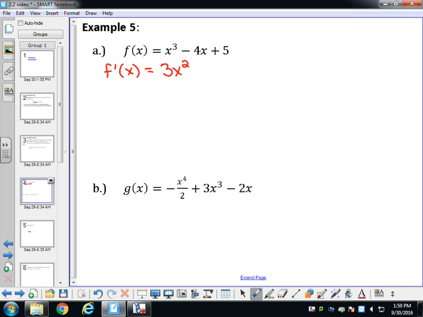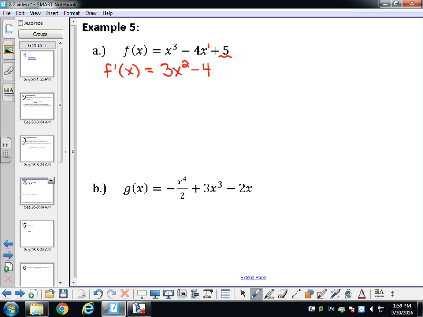If I look at just that part, technically I have an exponent of 1, so I'm going to multiply that by 4, and then decrease the power by 1, so it really becomes x to the 0, which is 1. And then the derivative of my constant, which is 5, is really just 0, so I'm not going to write it. So my derivative would just be 3x squared minus 4.